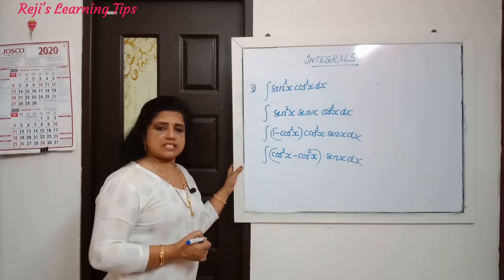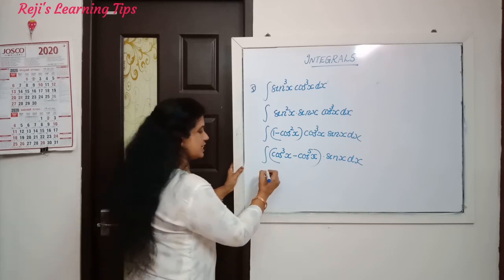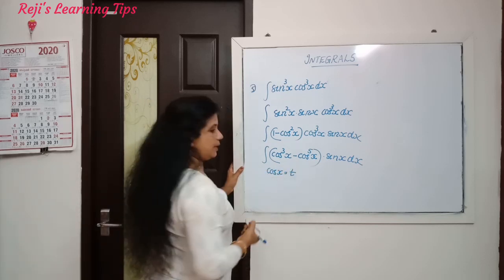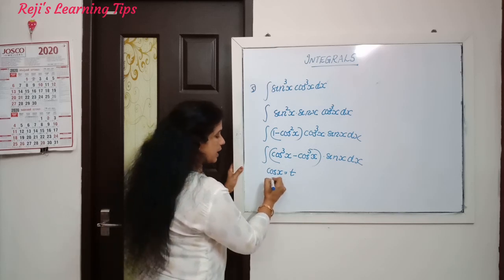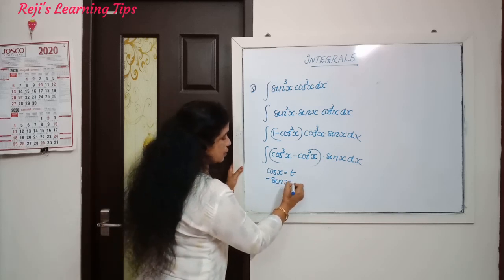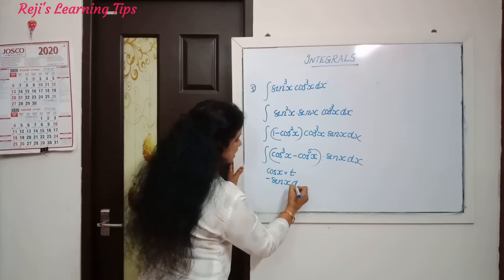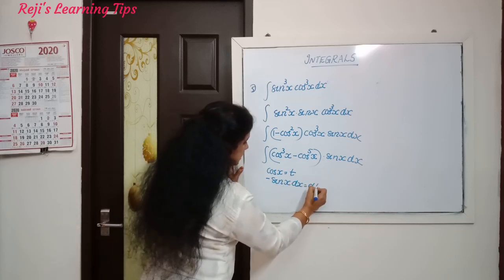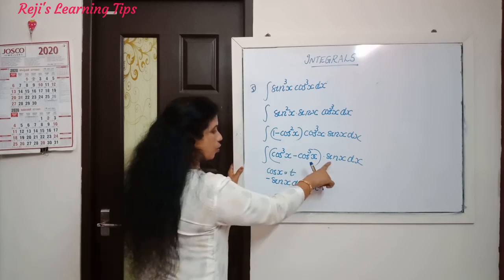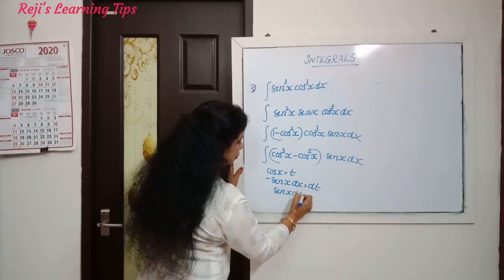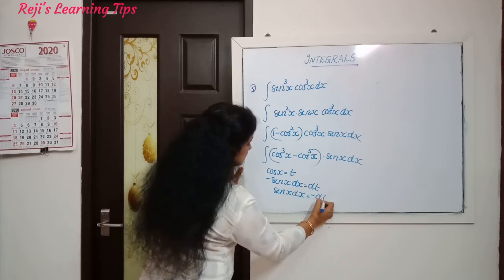Then we can give the substitution: cos x is equal to t. Then minus sin x is equal to dt by dx. So minus sin x dx is equal to dt. Here only sin x dx is there, so sin x dx is equal to minus dt.